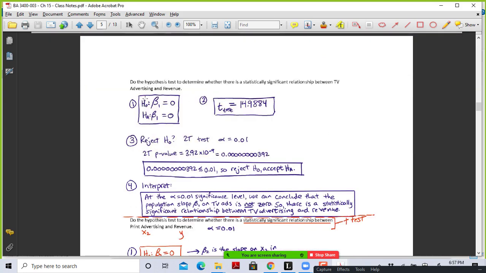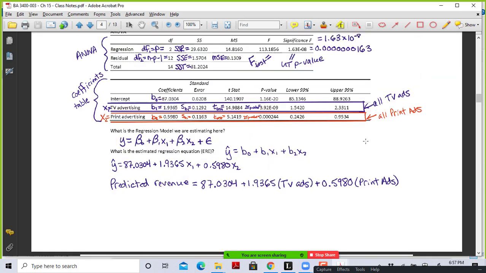Similarly, you can do the null hypothesis and alternative hypothesis. It's pretty similar, and the p-value. So always compare your p-value. Where will you get the p-value?